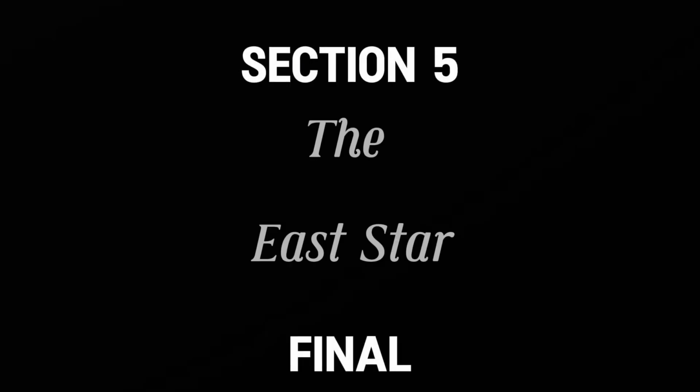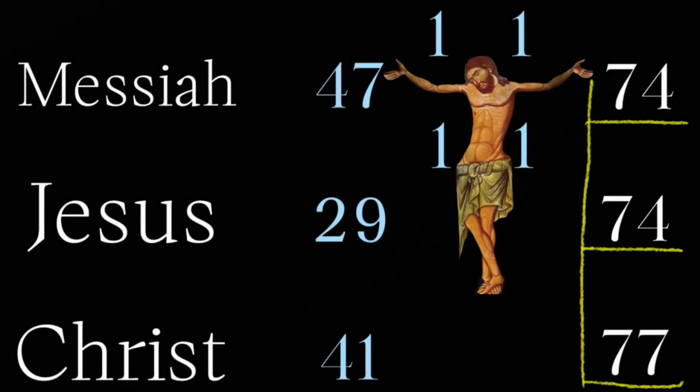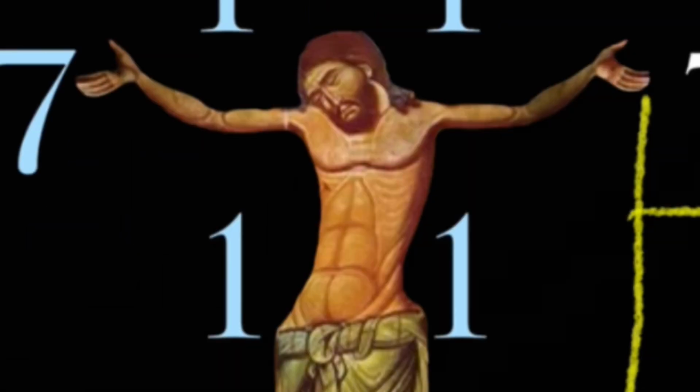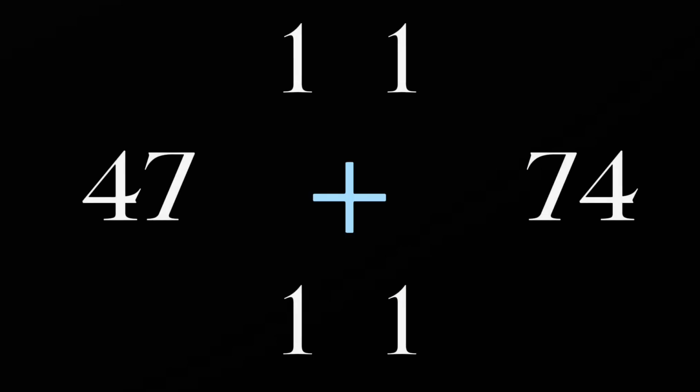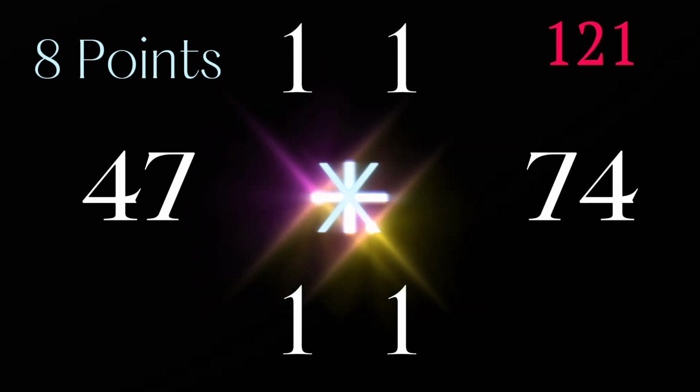Final section, the East Star. Now let us go to chapter 47 plus 74 equals 121. 11 times 11 is also 121, which is a perfect square, resulting in an 8-pointed star.